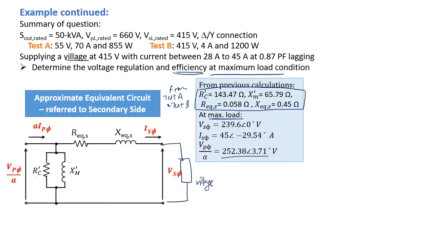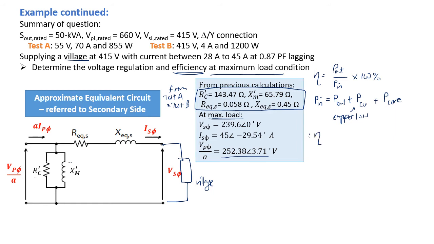Now, to find the efficiency, the formula for efficiency is P out over P in times 100%. But for the transformer, we calculate P in using P out plus the losses, and the losses in the transformer are the copper loss, PCU, plus the core loss due to the hysteresis and eddy current in the transformer.